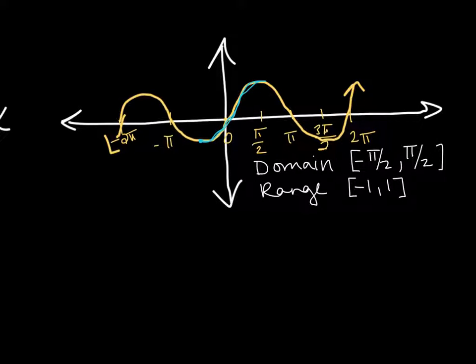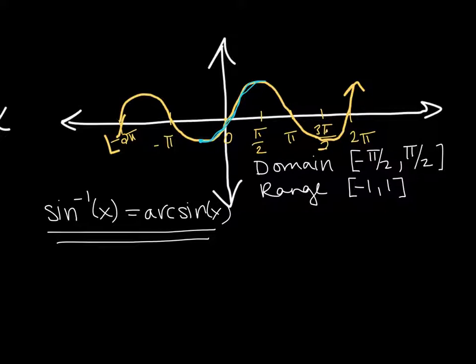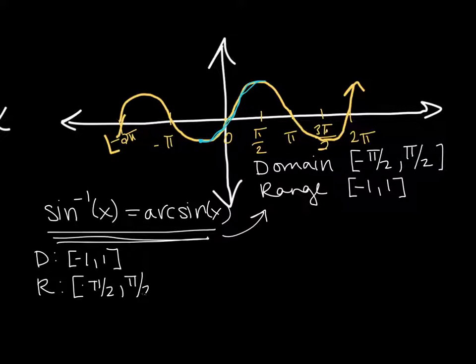This means when we invert this, we're going to interchange our domain and range. So the inverse sine function, which is also known as the arcsine function, will have the domain and range flipped. The domain is going to be -1 to 1, and the range is going to be minus pi over 2 to pi over 2.